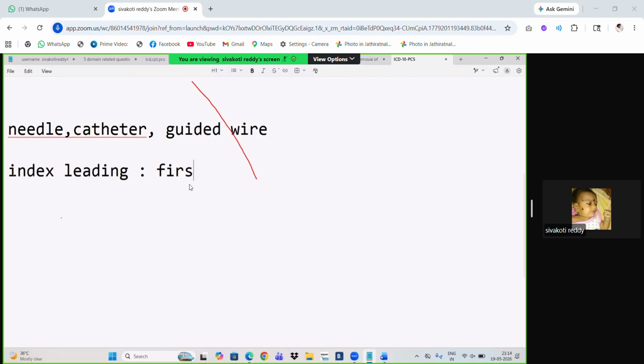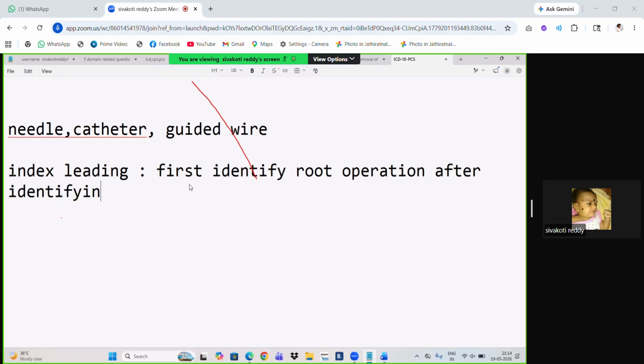First, identify the root operation. After identifying, under the root operation heading, look for the body part.